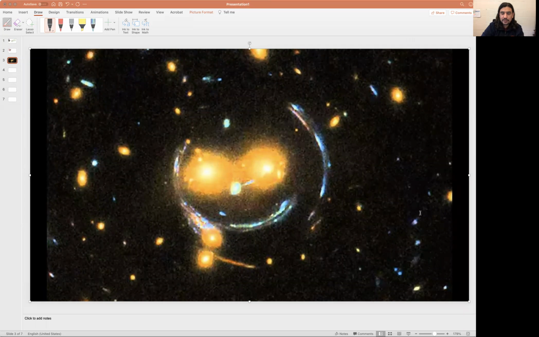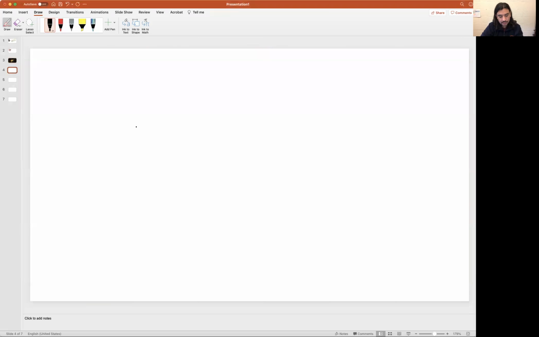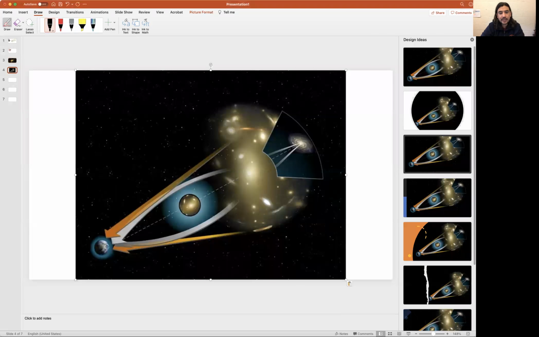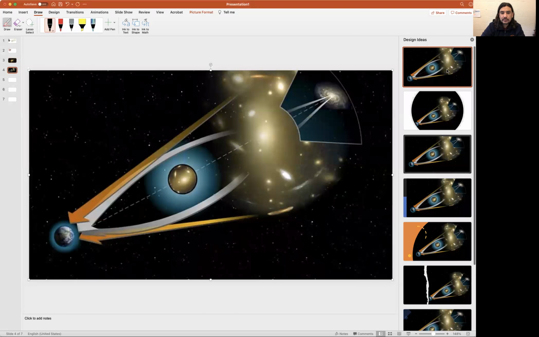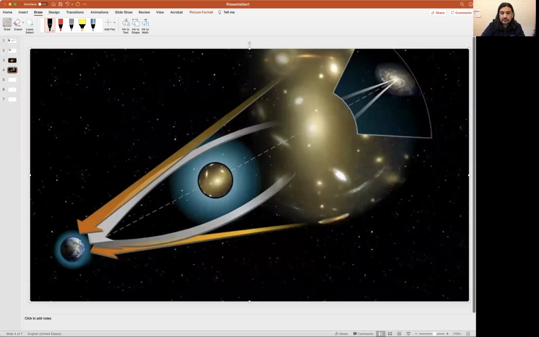So this is something that Einstein predicted in 1912. He said, due to the mass of a heavy object, let me give you now the schematic. Due to the mass of a heavy object that is in between us and a star, so let's say this was a heavy object, is bending the light.